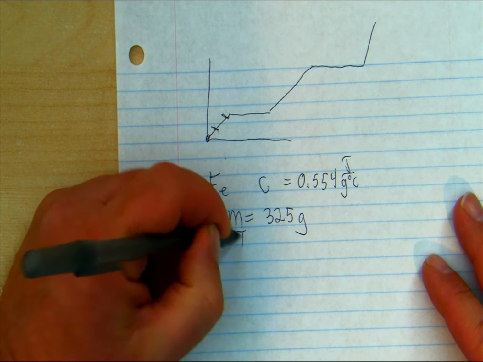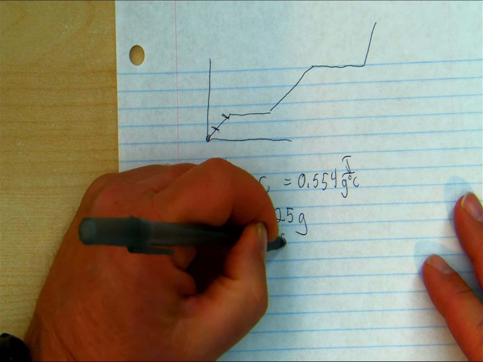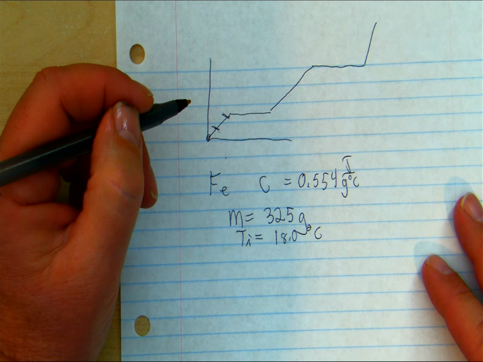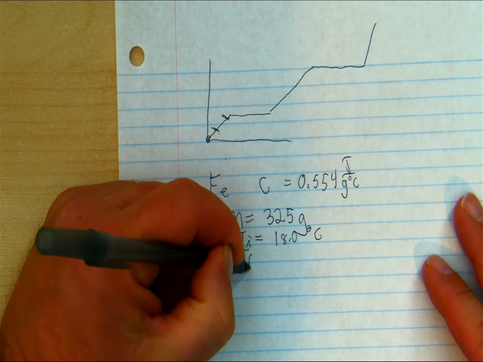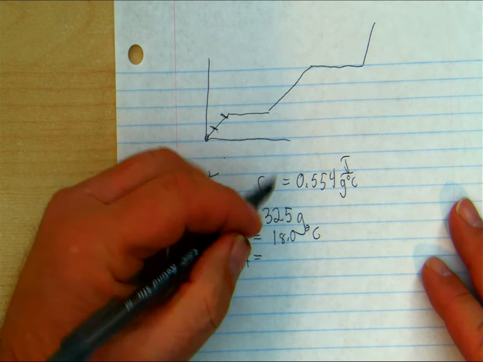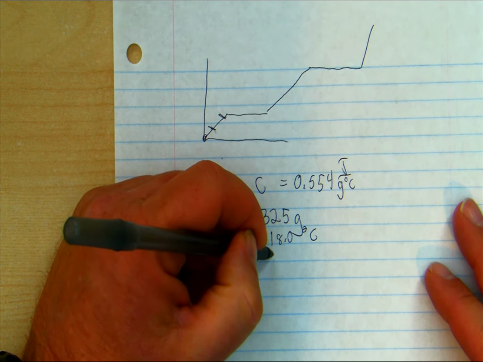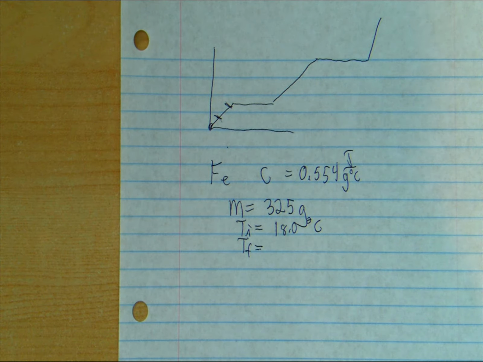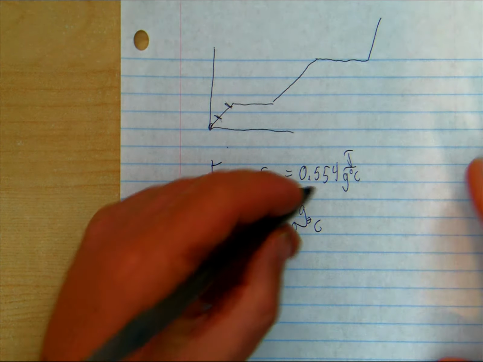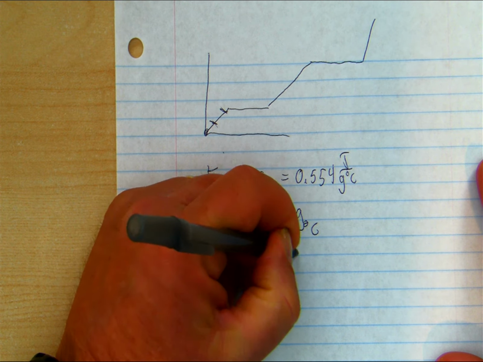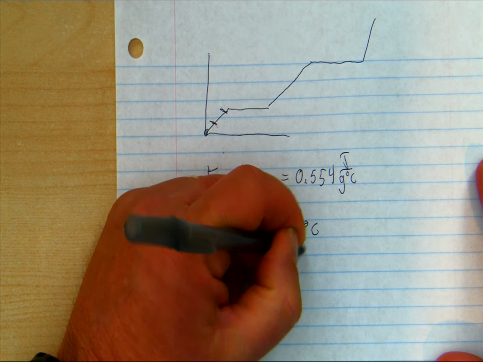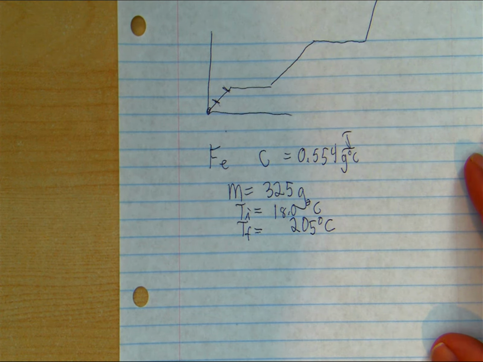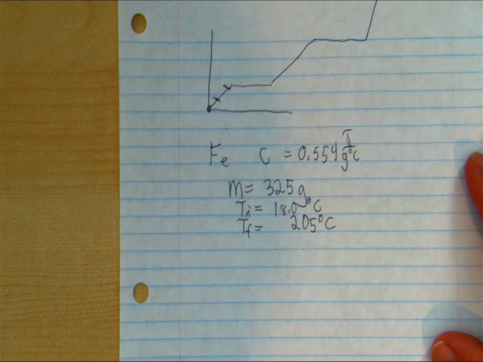I have an initial temperature of 18.0 degrees Celsius. I want to heat this thing to a final temperature of, I can go above the boiling point of water because that's below the melting point of cast iron. So let's go to 205 degrees Celsius. I don't know if that can melt iron, but man, that's hotter than boiling water.